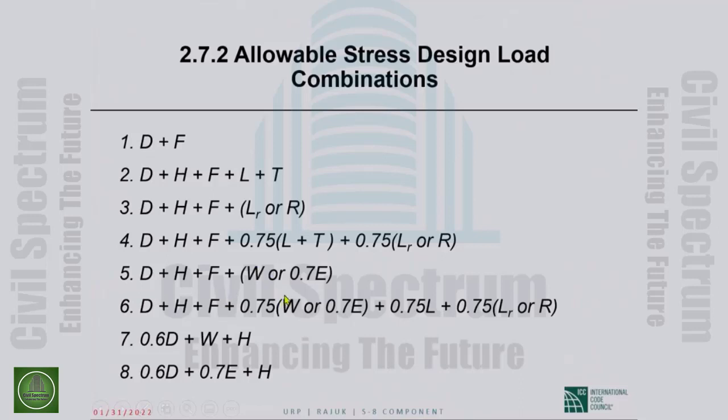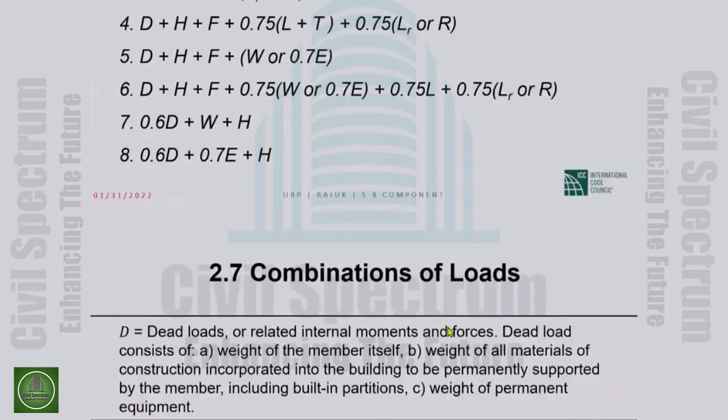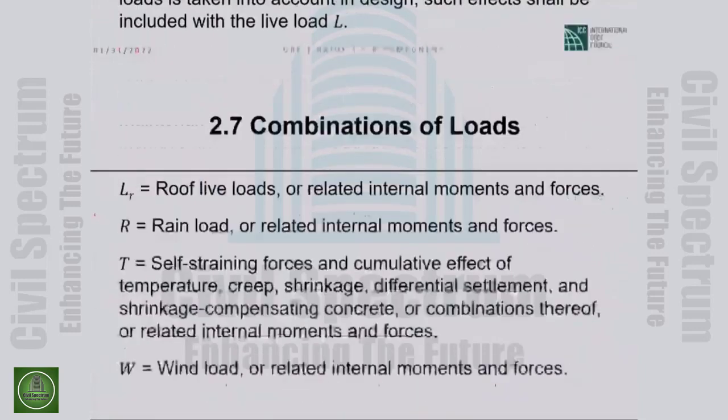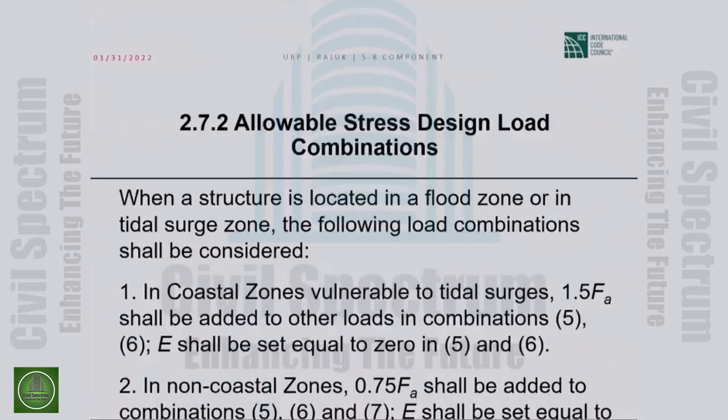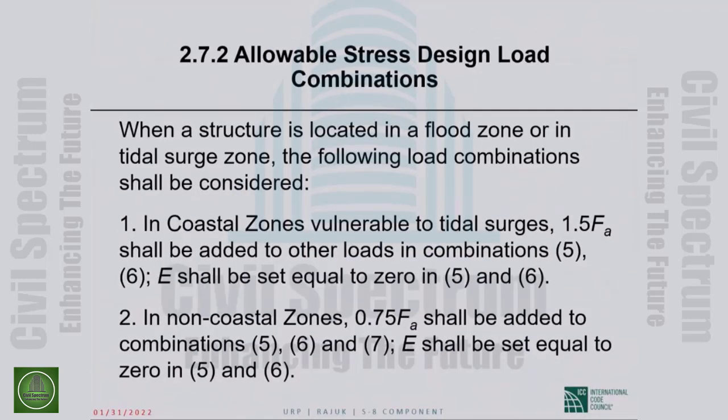These are load combinations involving wind. This is 7, this also involves wind, but in the first one, we are talking about 5 and 6 only. The earthquake effect shall be set equal to 0 in those load combinations. When we are considering tidal surge, we will also not consider simultaneously earthquake effects.